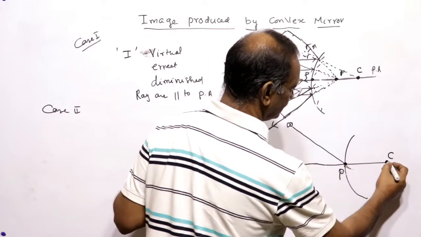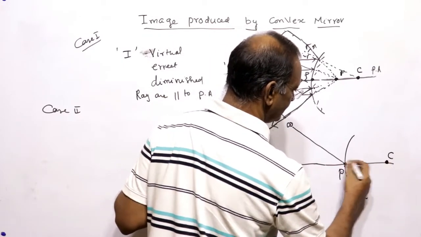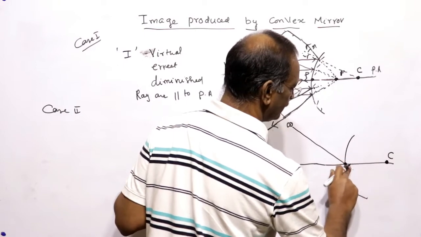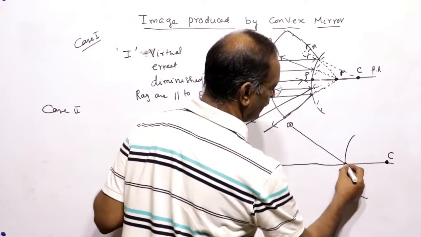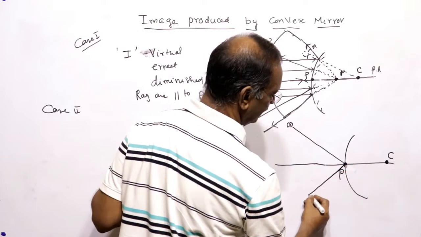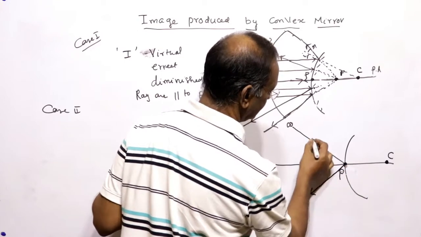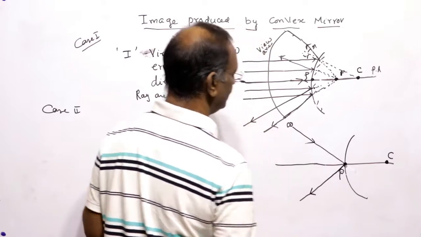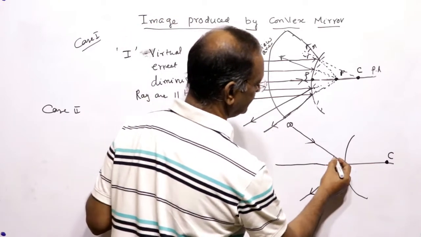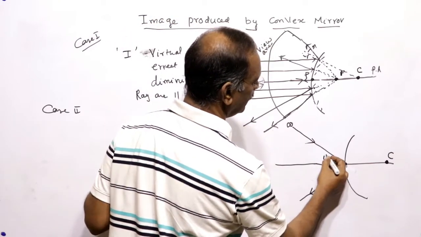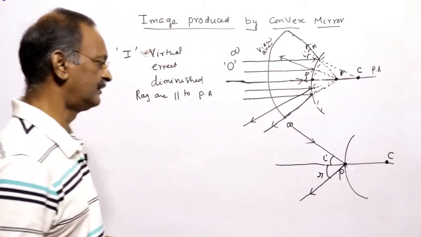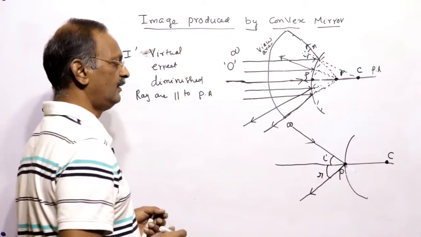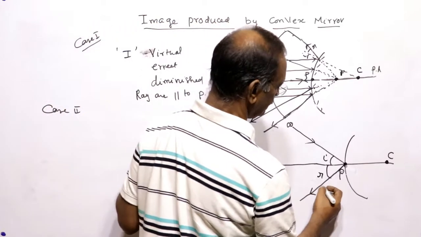This is the normal, because the normal is always considered from the center of curvature up to the point of incidence. So according to the law of reflection, it will get reflected like this. This is the incident ray from the object kept at infinity. This is the angle of incidence and the angle of reflection. Angle of incidence is equal to angle of reflection.